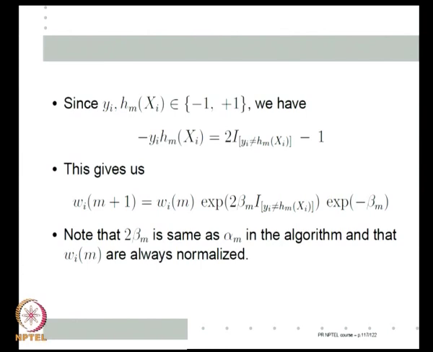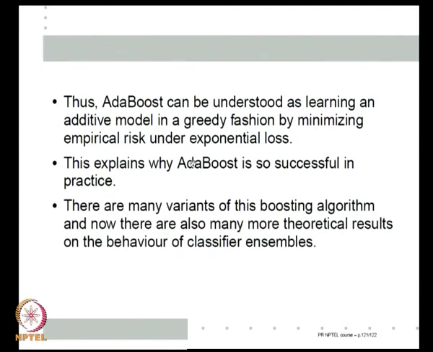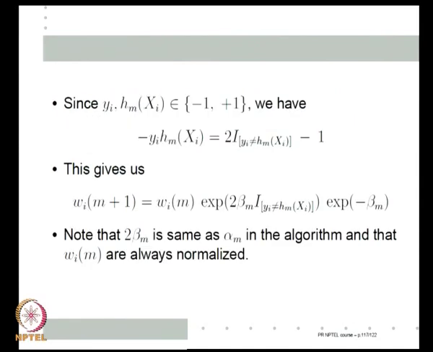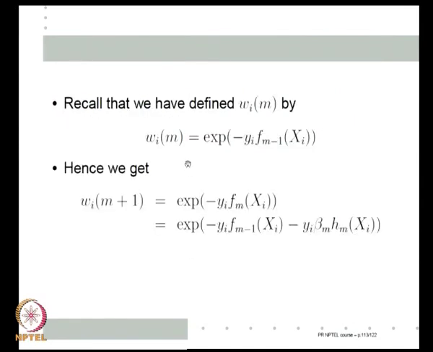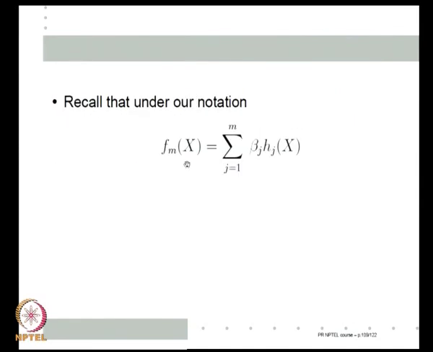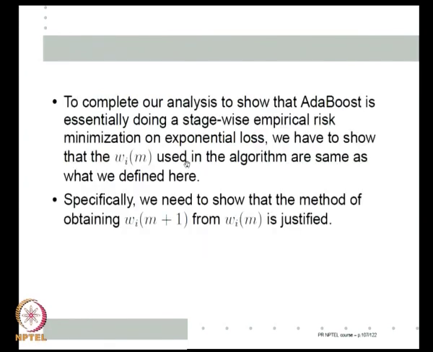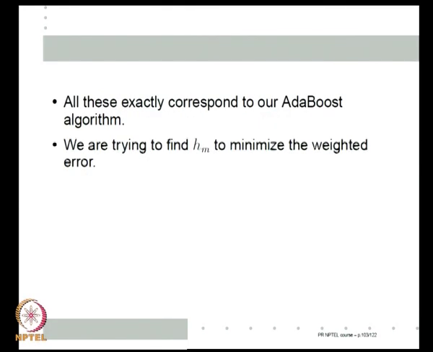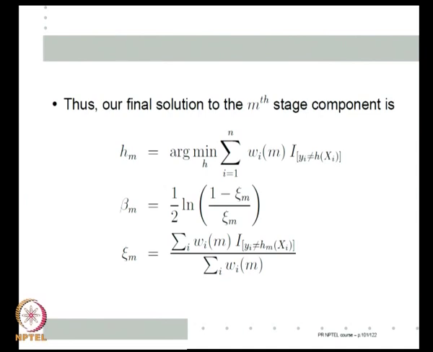Okay. So, let's go back. As you have seen, if I do stage-wise minimization of empirical risk under exponential loss, this is my m-stage solution.